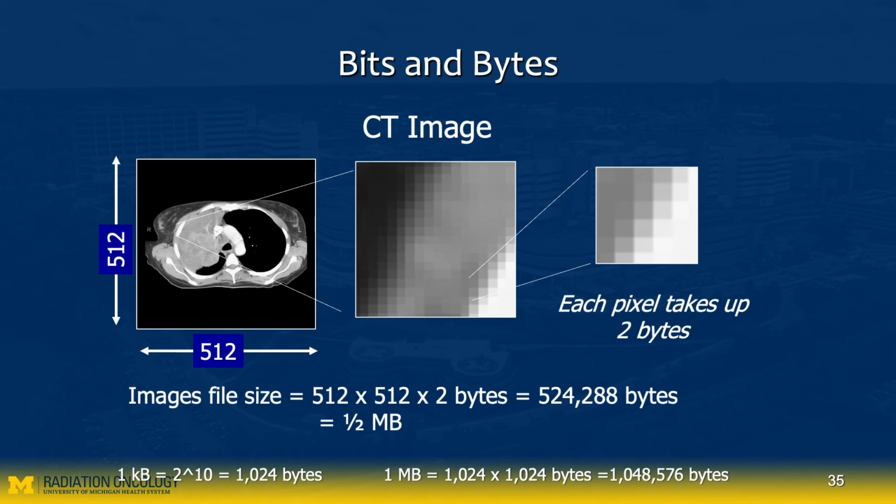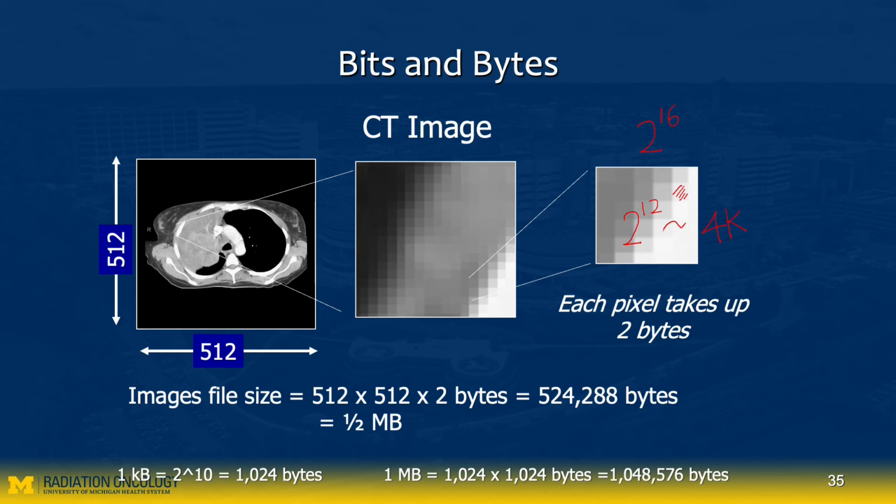So I mentioned that it is typically 2 to the 12 for CT, but some modern CT scanners store 2 to the 16 pixel depth. But conventionally it is 2 to the 12. So the grayscale of a CT image pixel can range about 4,000.